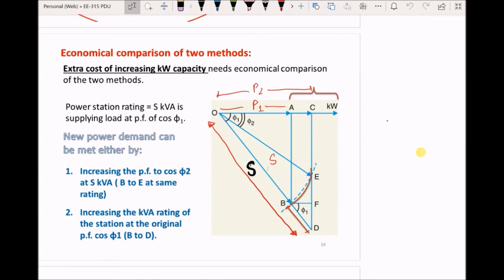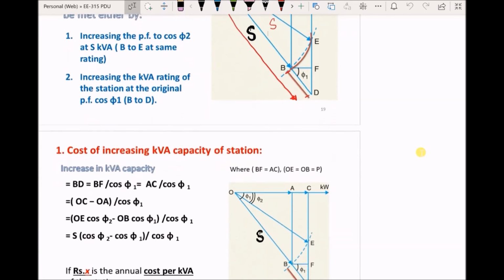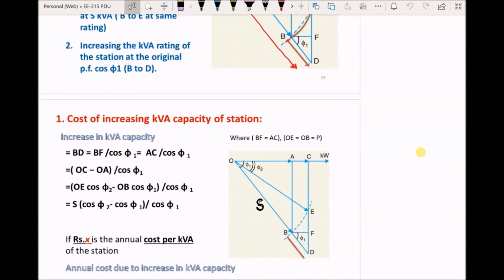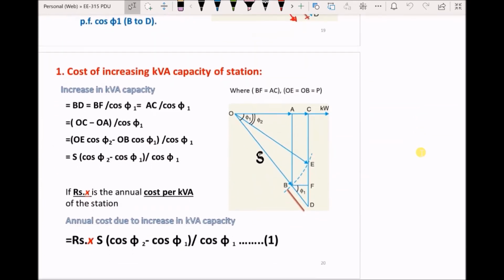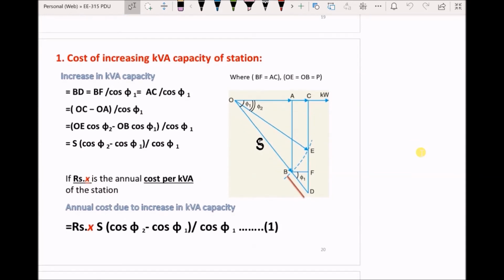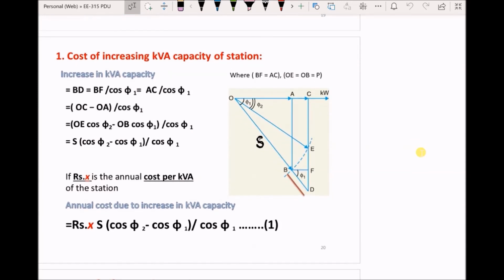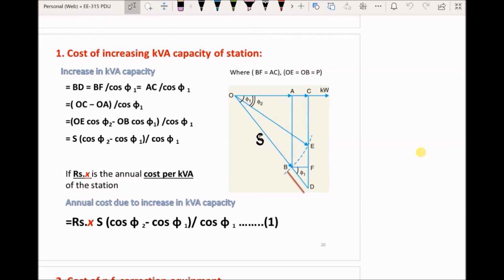Now, after understanding the comparison between the two methods, let us work out the cost involved in each of them. So the first one is the cost of increasing kVA capacity, that is BD.